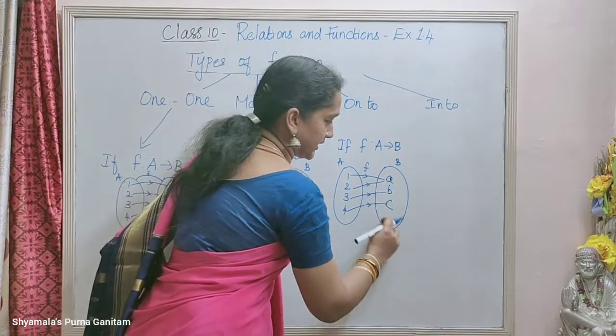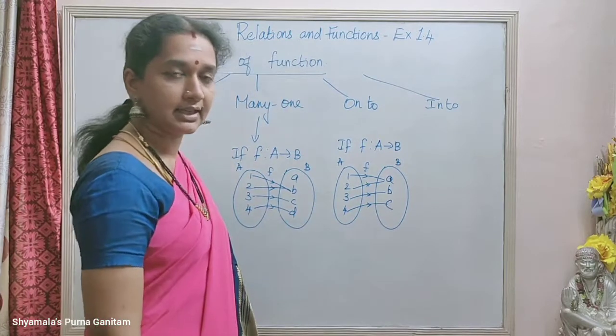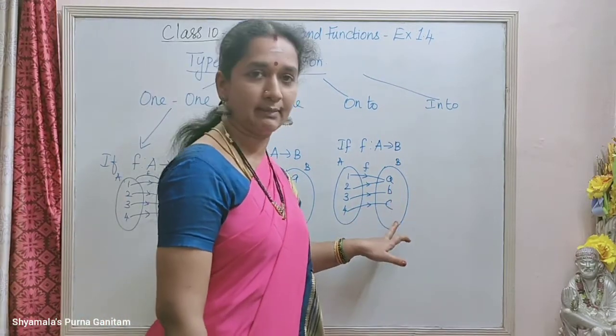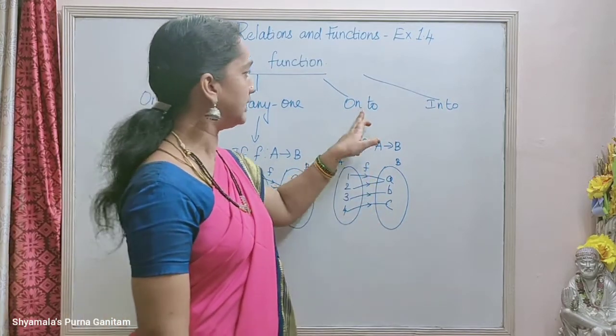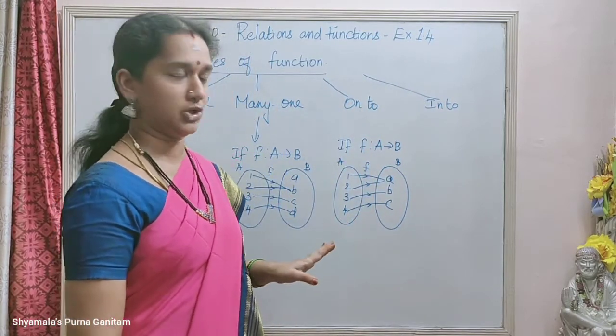So the range of this set is A, B, C, and the codomain is also A, B, C. If the range and the codomain are equal, then it is an onto function.